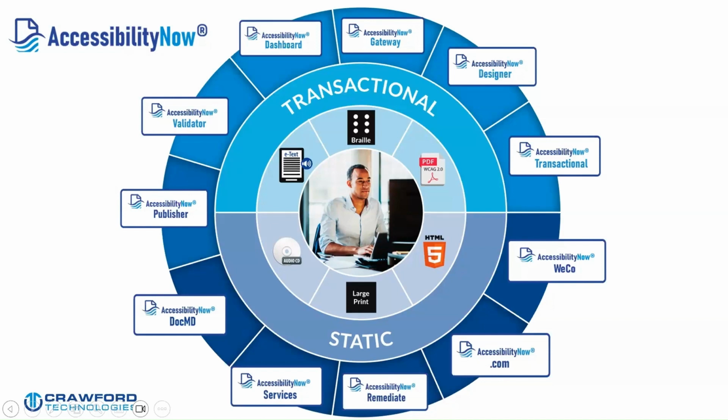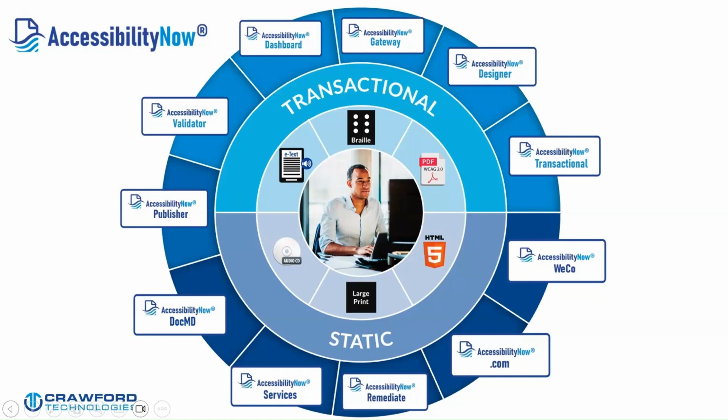So static content is really that content that's individually created. A user creates content using some kind of desktop application. Maybe they've created it in Word, maybe in InDesign or something similar. Tends to be things like marketing information or instruction manuals, user information, that type of thing.